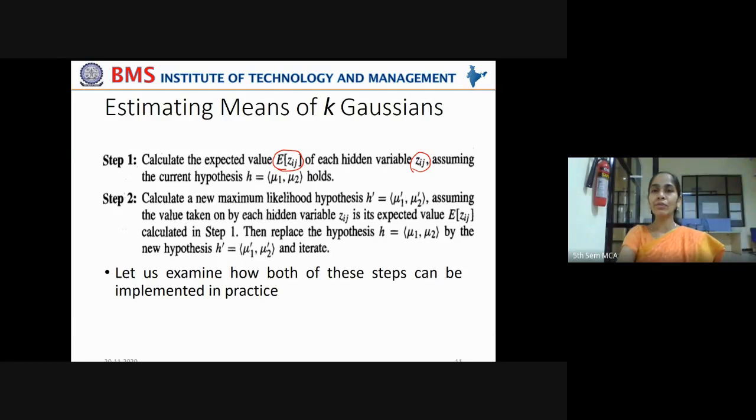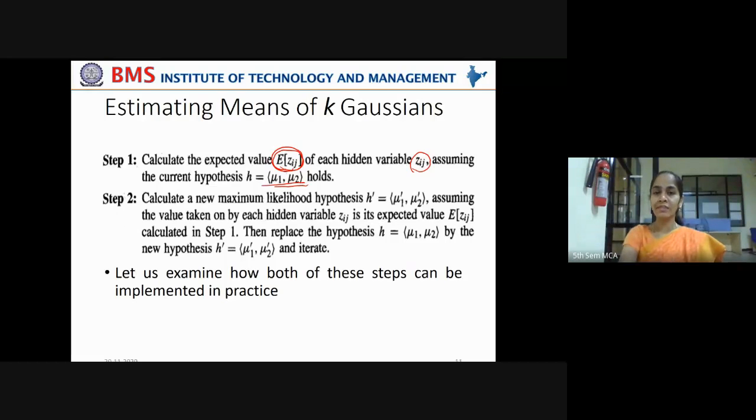Normally we have two distributions here, but in some extreme cases you may consider many distributions because you don't know from which distribution the data point is drawn. You want to learn the distribution, right? So calculate the expected value of each hidden variable Zij, assuming the current hypothesis h equal to mu1, mu2 holds.